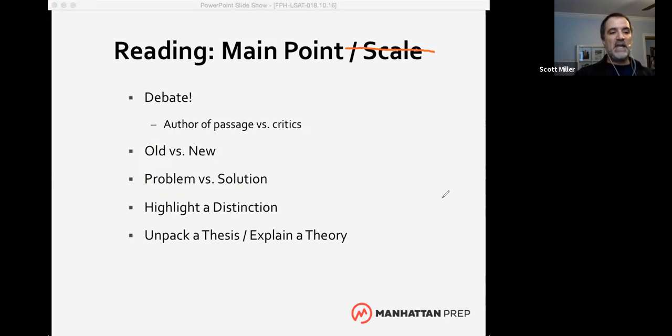The author might be explaining a theory, and there's nobody disagreeing with the author. The author doesn't mention any disagreement, just explains this theory, this idea. So be ready for both types of passages. Be ready for passages that do have a two-sided structure, but also be ready for passages that are just more one-sided. But either way, any details that relate to the main point of the passage are going to be important.